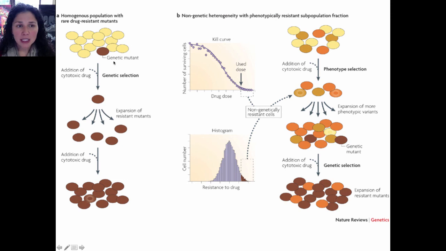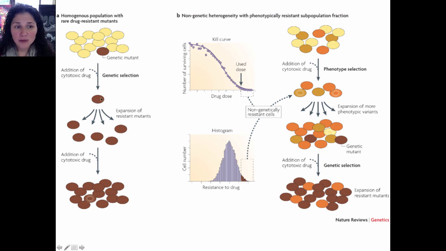If we have a population where there's only one individual that has a genetic mutation, and this genetic mutation happens to offer advantage to a stress, like an antiviral medicine, when the stress is applied, it will kill all of the non-resistant strains, or it will kill the regular individuals, and only the mutated individual will survive if that mutation offers an advantage.